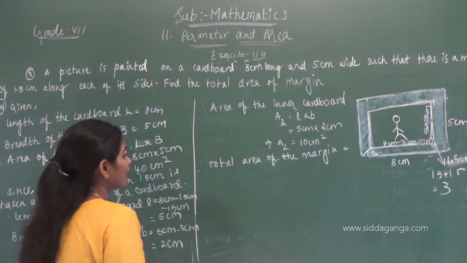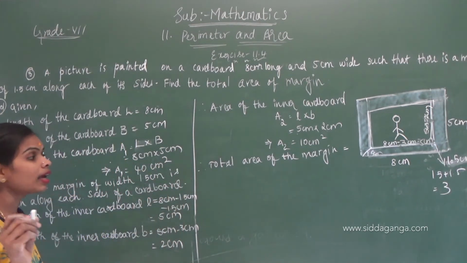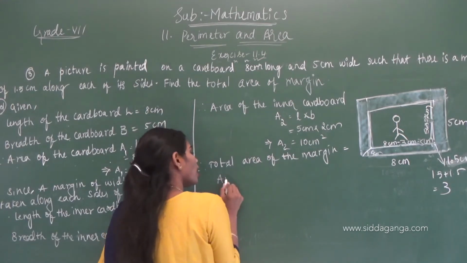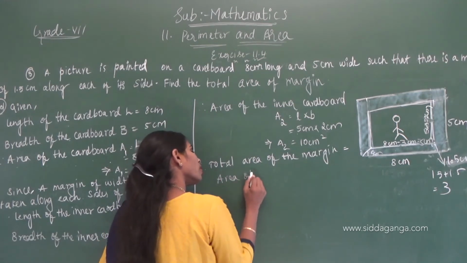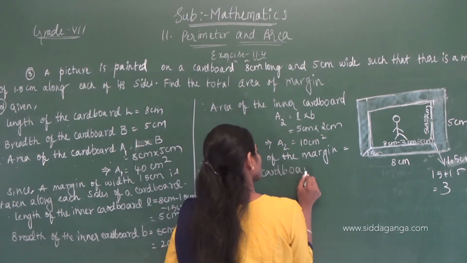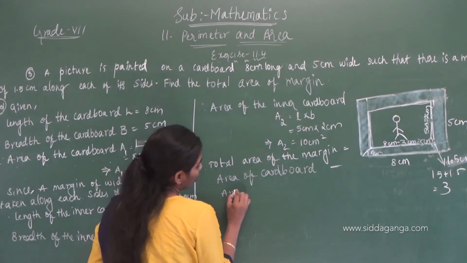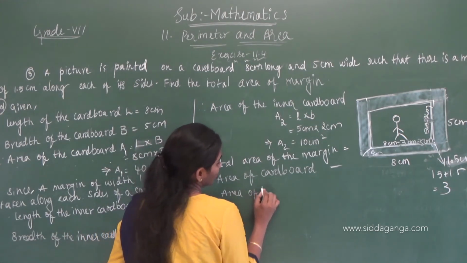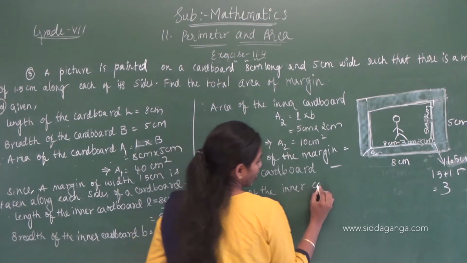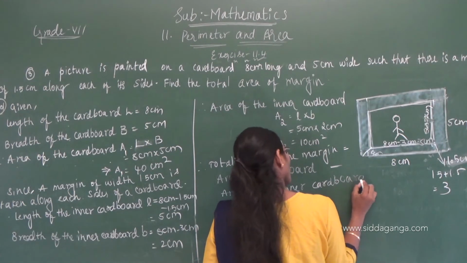Okay, children, area of the outer cardboard minus area of the inner cardboard. Therefore, total area of the margin equals area of the cardboard minus area of the inner cardboard.